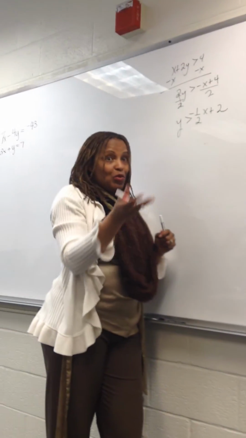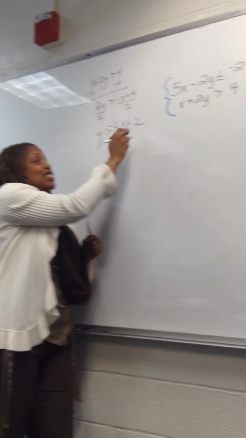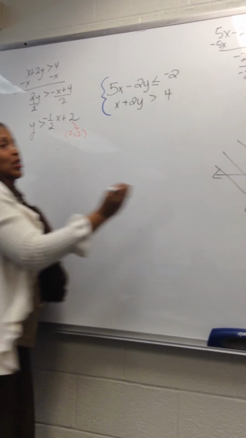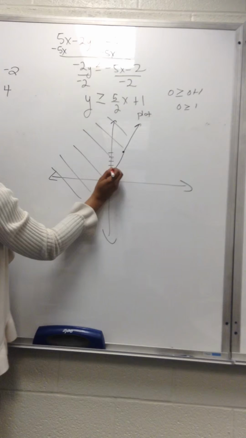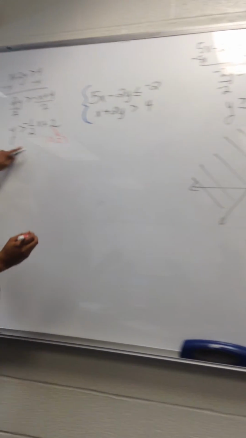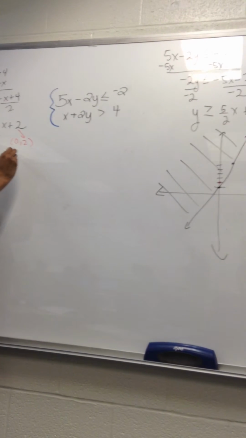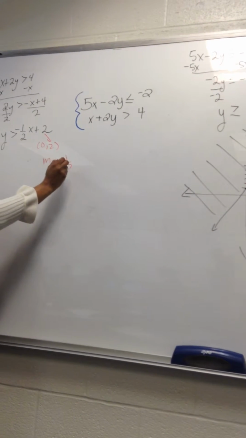The y-intercept, which is 0, 2, same graph. And I perform the slope. What's the slope? The slope is negative 1/2.